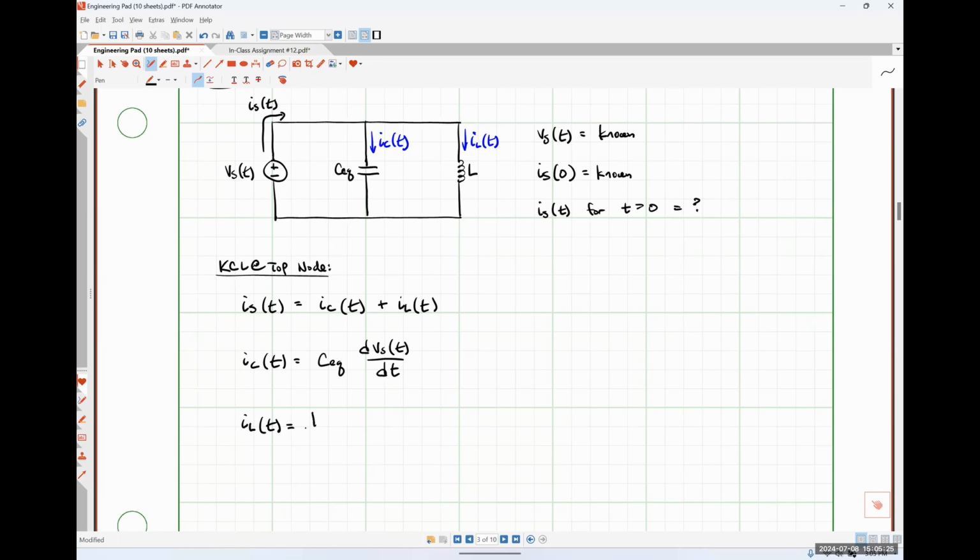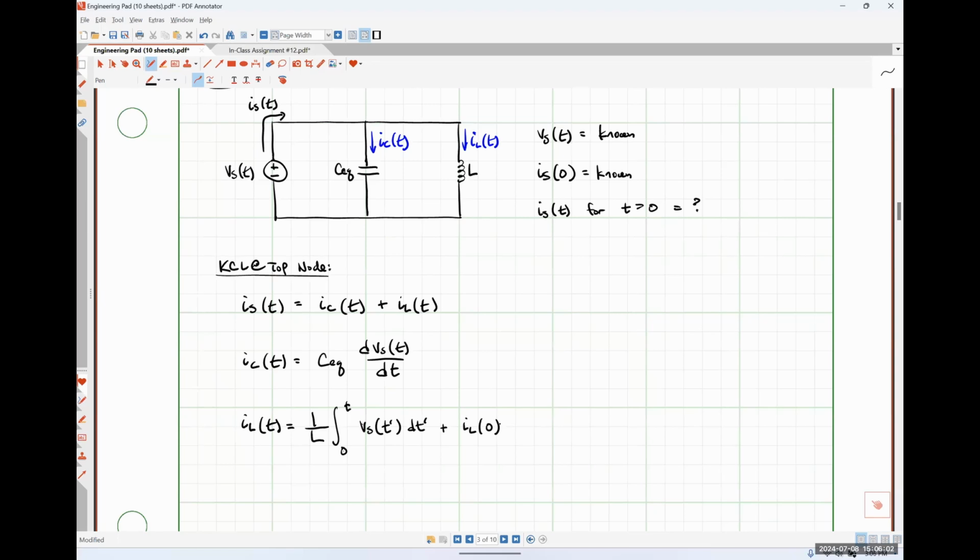So that would be 1 over L times the integral from, I'm going to say 0 here because we know the current is at 0, to t of Vs at t prime, excuse me, dt prime, plus IL at 0.